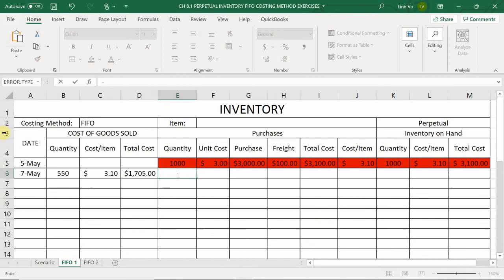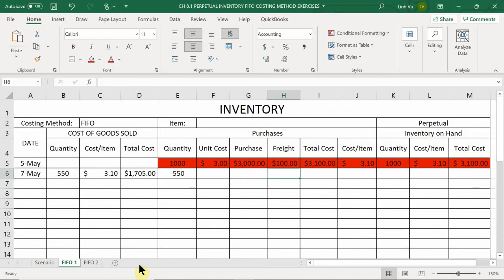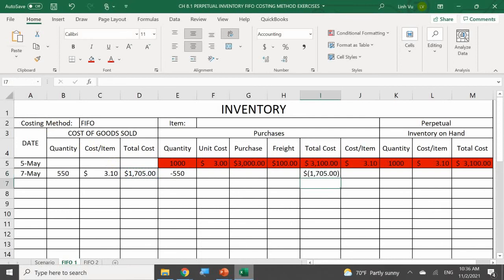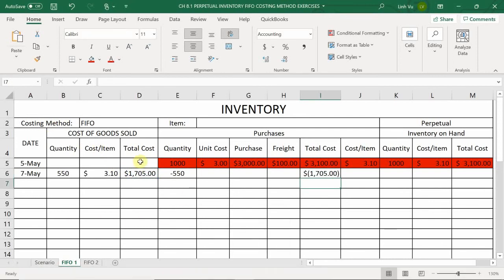I'm going to subtract 550, okay? And because my total cost was $1,705, right? I'm going to go ahead and calculate so then I know how much to update my red batch, right?